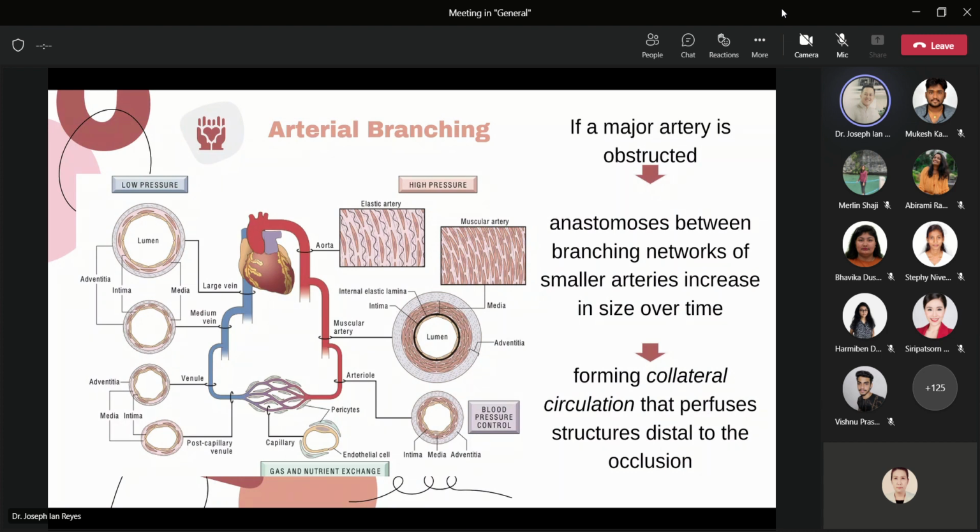If that supply decreases or is blocked, the smaller ones would compensate, become larger, and the blood flow to that particular organ would be through the anastomosis. So it forms collateral circulation that perfuses structures distal to the occlusion. So our body is prepared for possible obstruction.